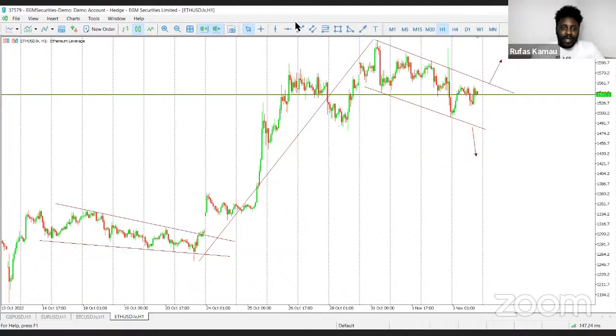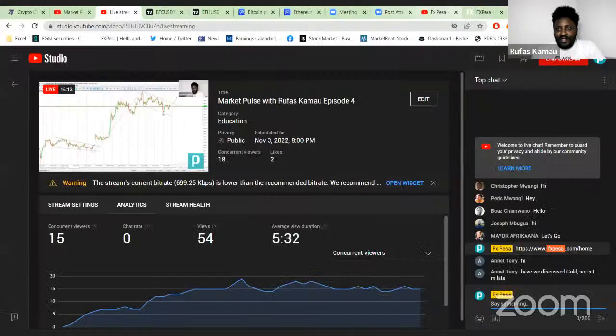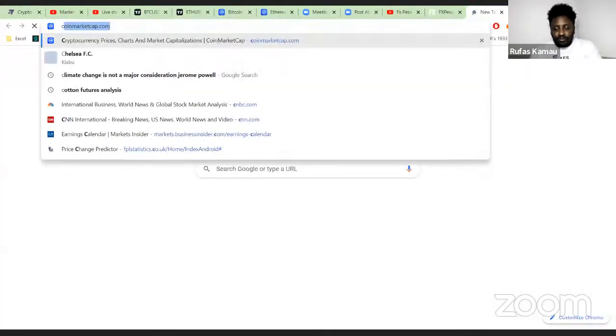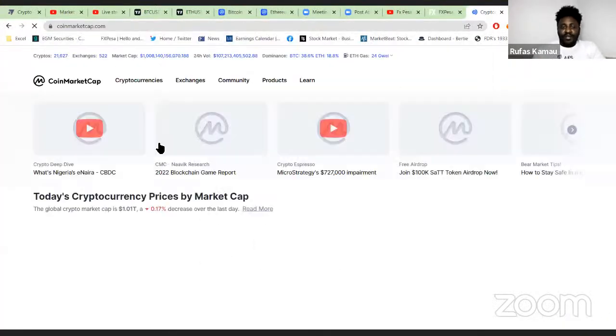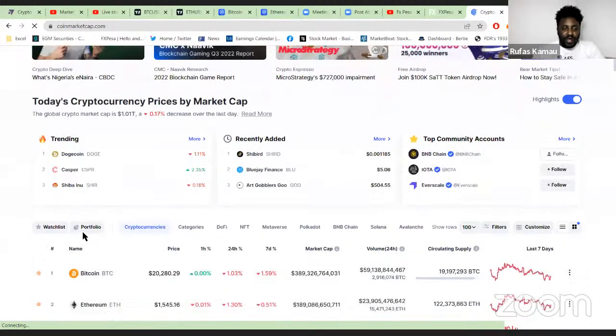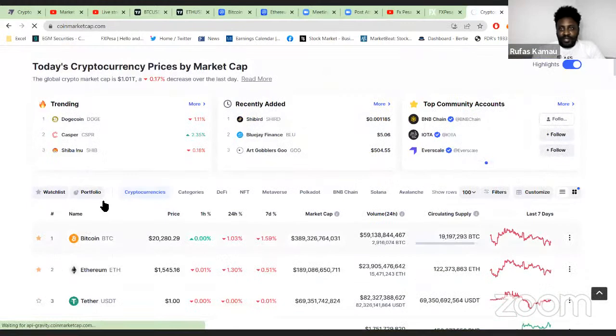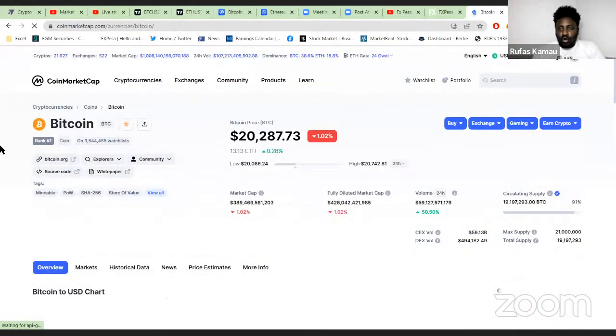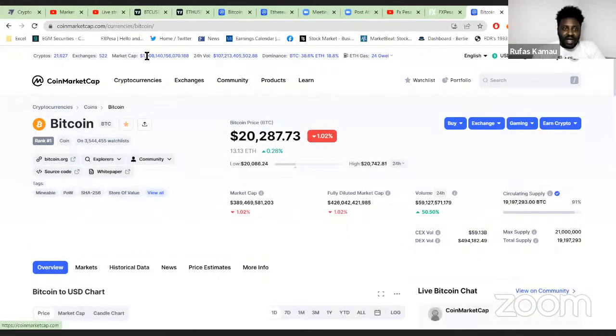So that being mentioned, this takes us to the next part of the presentation, and this is the tokenomics. Whenever I talk about tokenomics, this is basically the economics behind a cryptocurrency coin as well as a token. So for instance, the first thing to notice is that the total market cap of all cryptocurrencies is around 1.008 trillion.